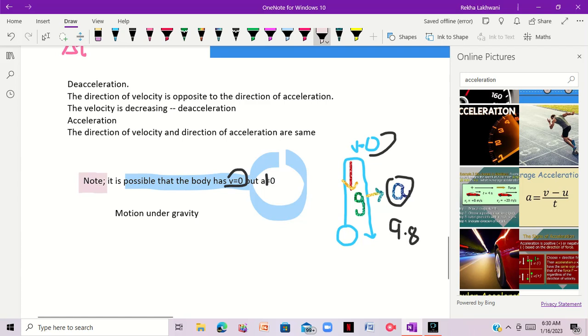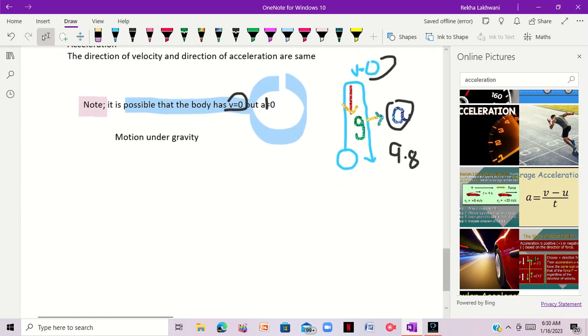Right. So now we have certain types of accelerations, right? So let's just study the types of acceleration. Number one we have uniform acceleration.